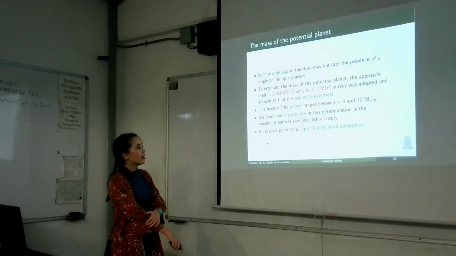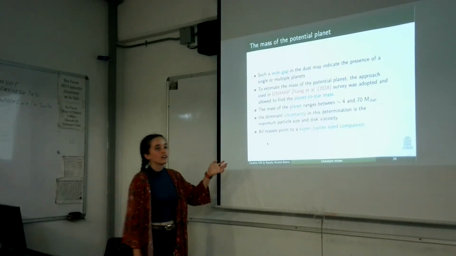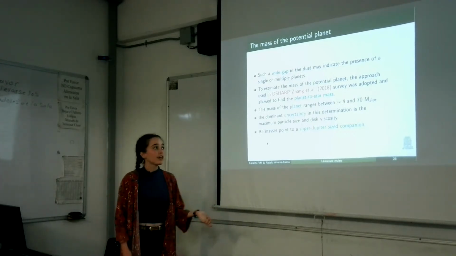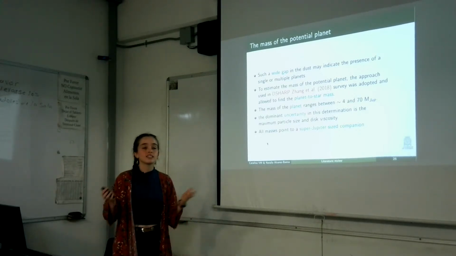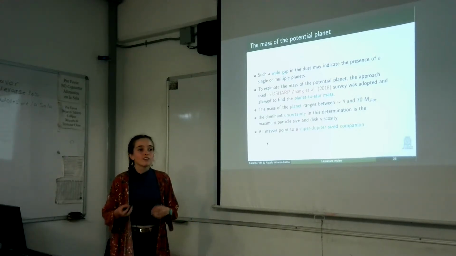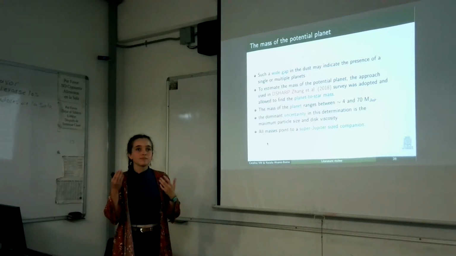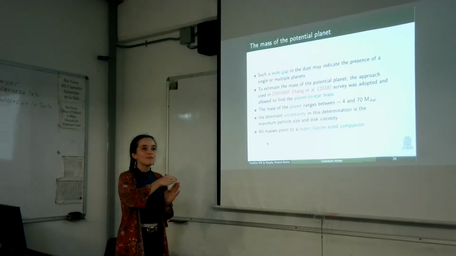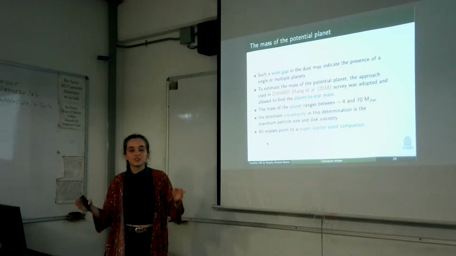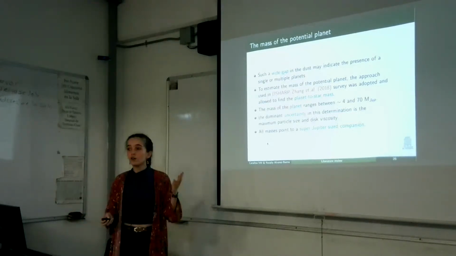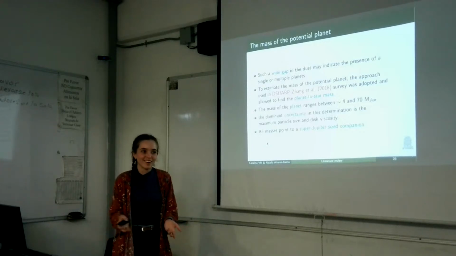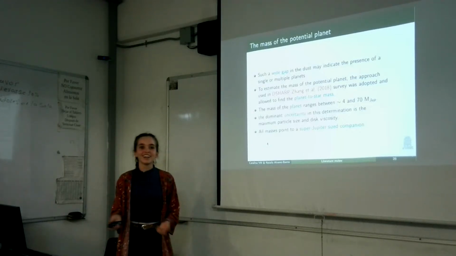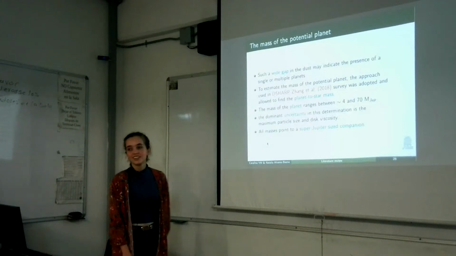And as I told you, the uncertainty in the determination of the particle mass and the disk viscosity means that we have a very large range for masses, from Jupiter masses to 70 Jupiter masses. So we don't really know what's the mass of the source.